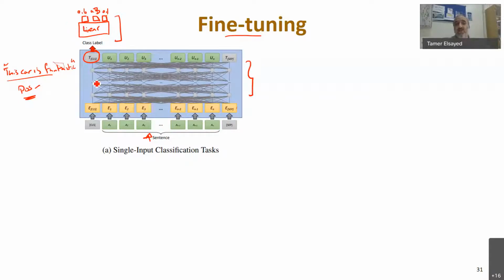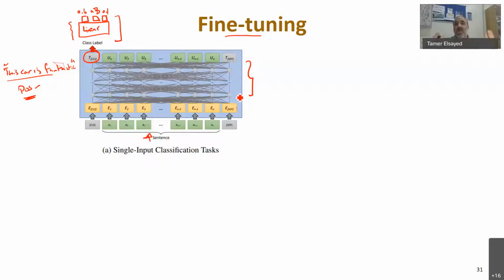So now the pre-trained model will change, but it will change for the task that you are training it for, based on the labeled data that you provide for that task. You learn this linear layer, and you also update the weights here.